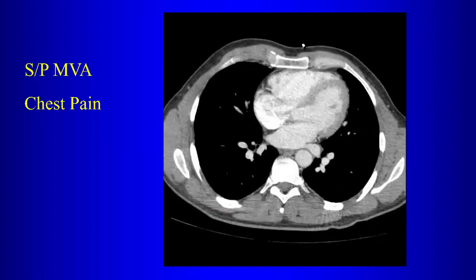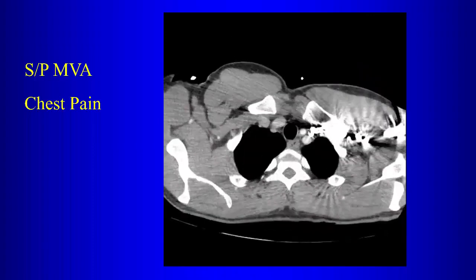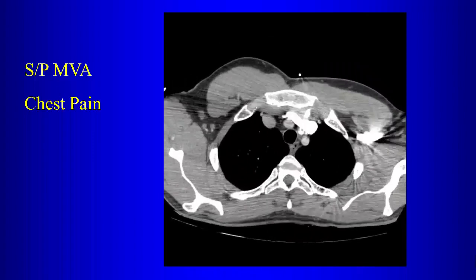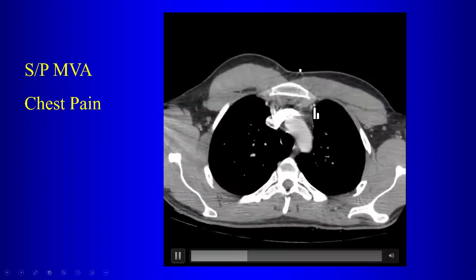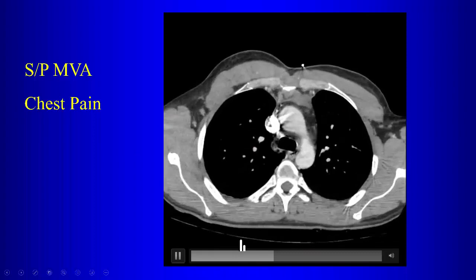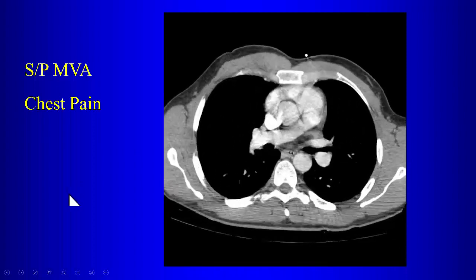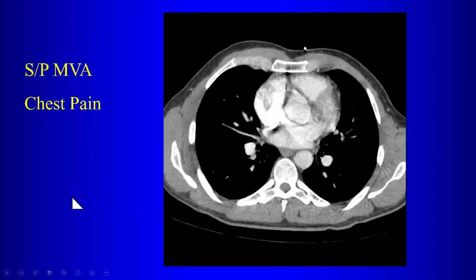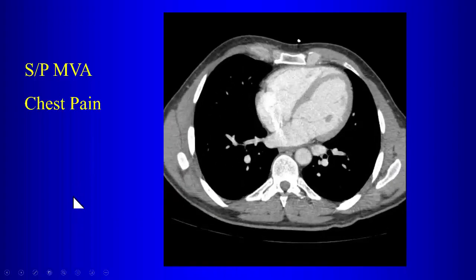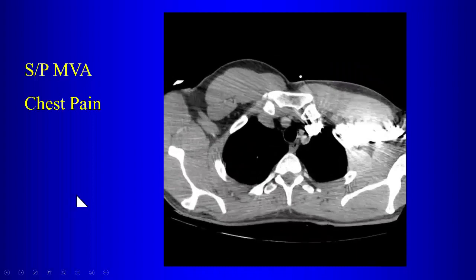Where? Okay, so there is some increased soft tissue density here behind the sternum, right? So there's some hematoma there. Right? So there still looks like there's a fat plane between that and the aorta and the vessels. So this is probably not from aortic injury.